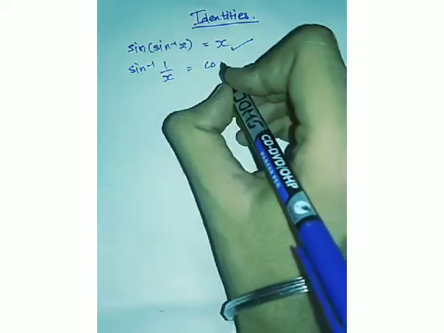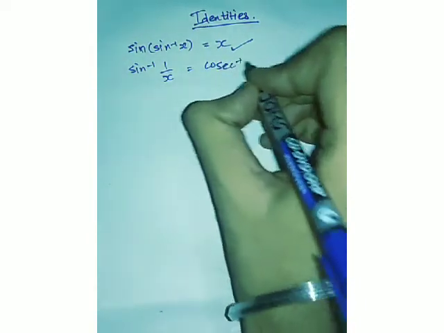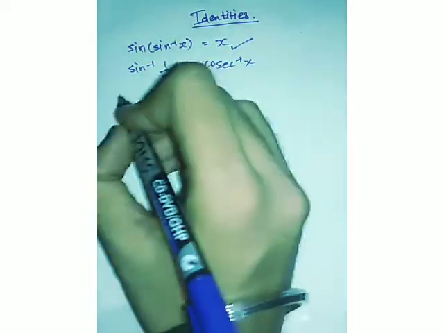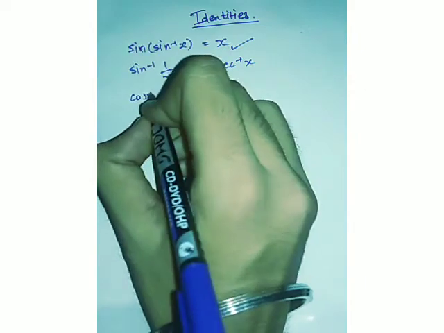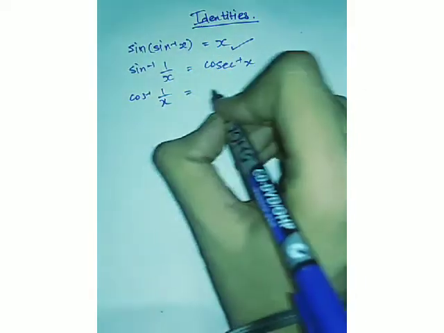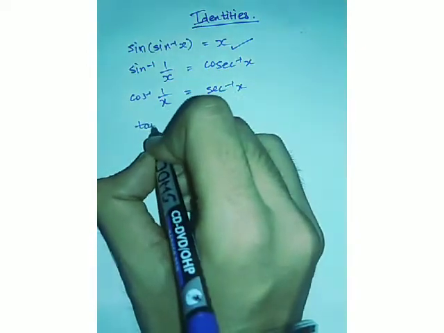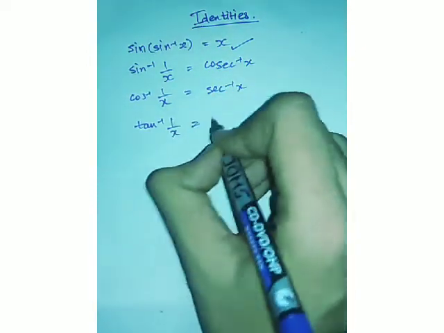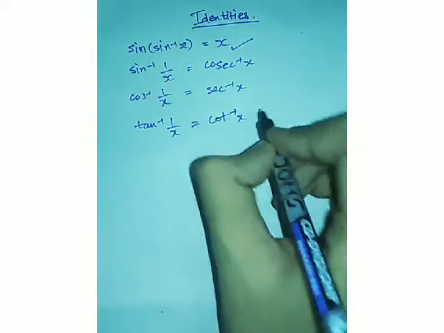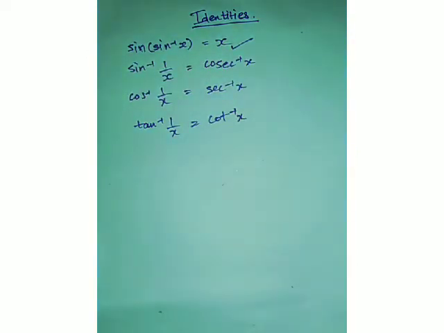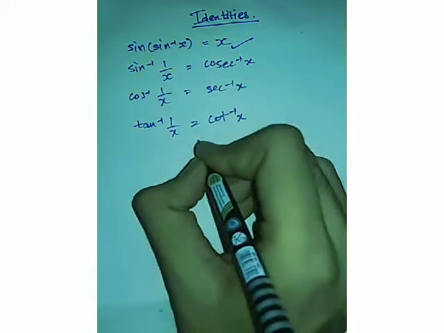So sine inverse 1 upon x is cosecant inverse x. Similarly, cos inverse 1 upon x will be secant inverse x, and tan inverse 1 upon x will be cot inverse x. These were the basic identities involving inverse trigonometric functions.